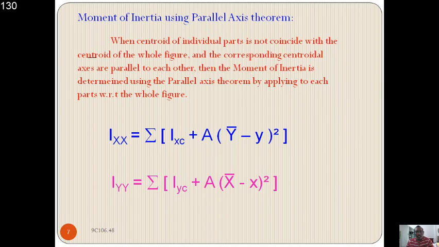It is nothing but A d square. You need to add A d square to the centroidal Ixx. Then you will get the overall Ixx of the particular shape. Similarly for Iyy, we do the same thing for the calculation of the moment of inertia about any axis which is parallel to the axes.